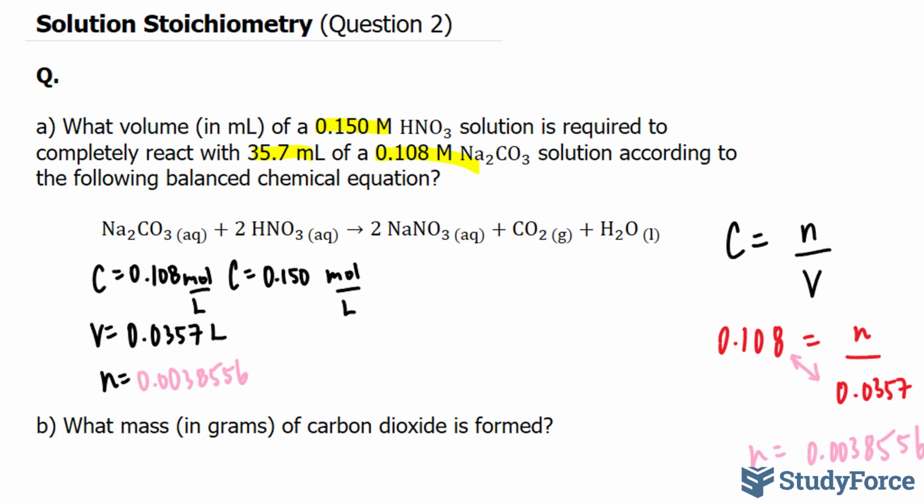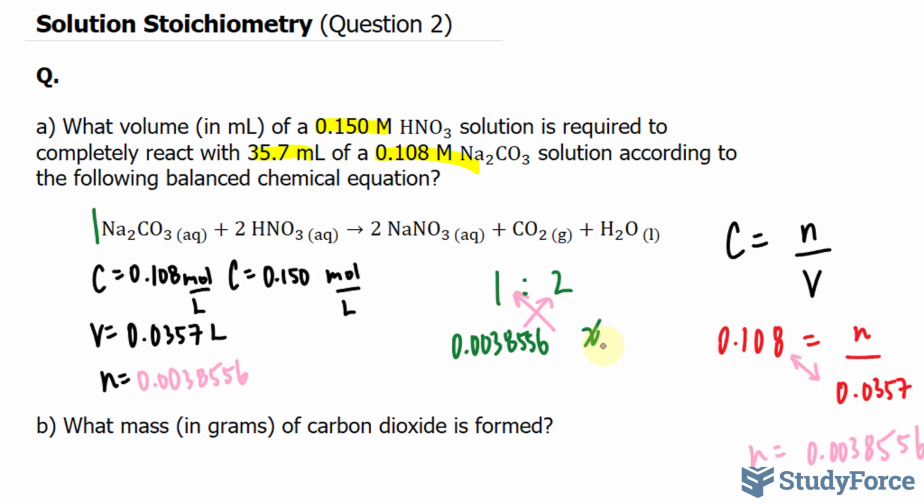As I mentioned earlier, we need to set up a molar ratio between these two. Notice that there's one molecule of this compound versus two of this compound within this balanced chemical equation. So I'll write down 1 to 2, and I'll write the number of moles down over here. And I'm looking for the equivalent number of moles for this compound. I'll do a quick cross multiplication.